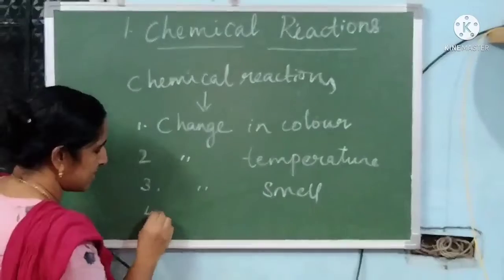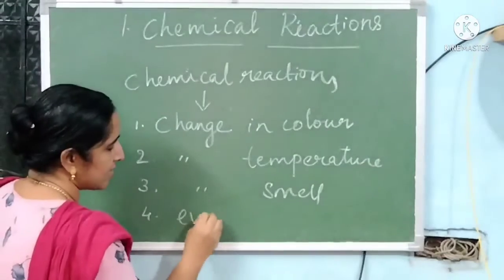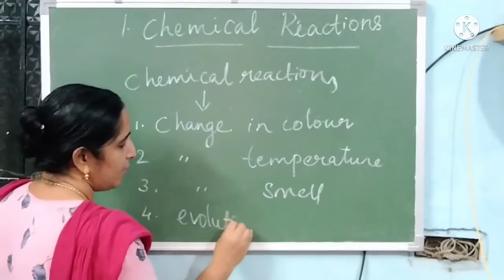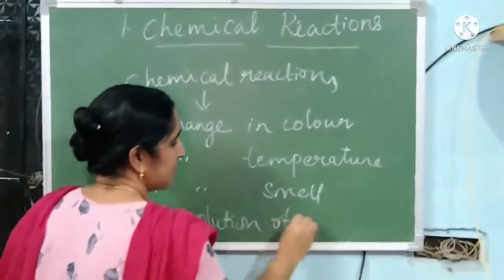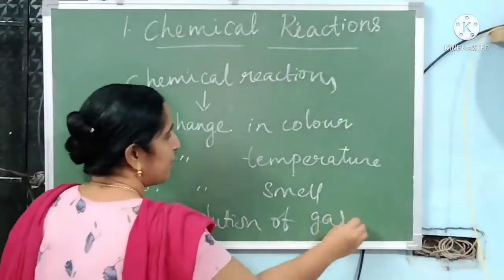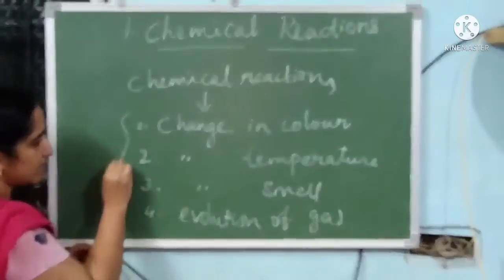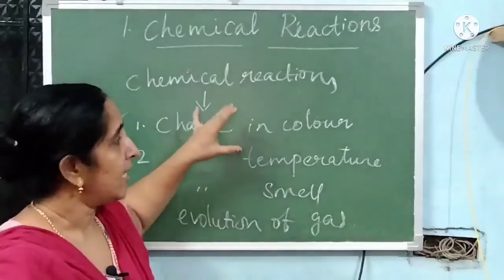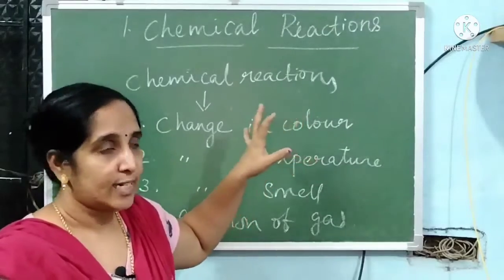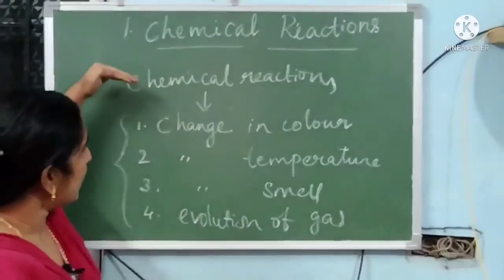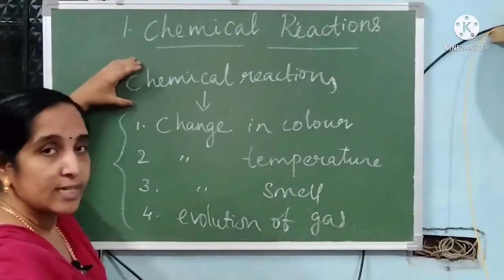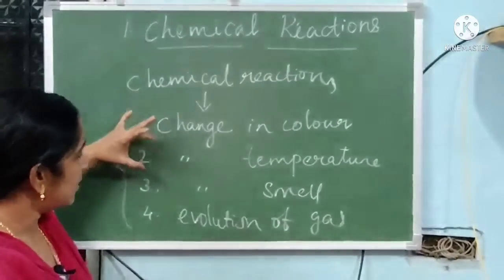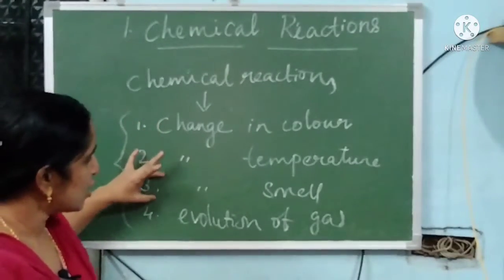And the next one is evolution of gas. If these four changes take place, then we say that a chemical reaction has taken place. That is, a change in color, change in temperature, change in smell, and evolution of gas.